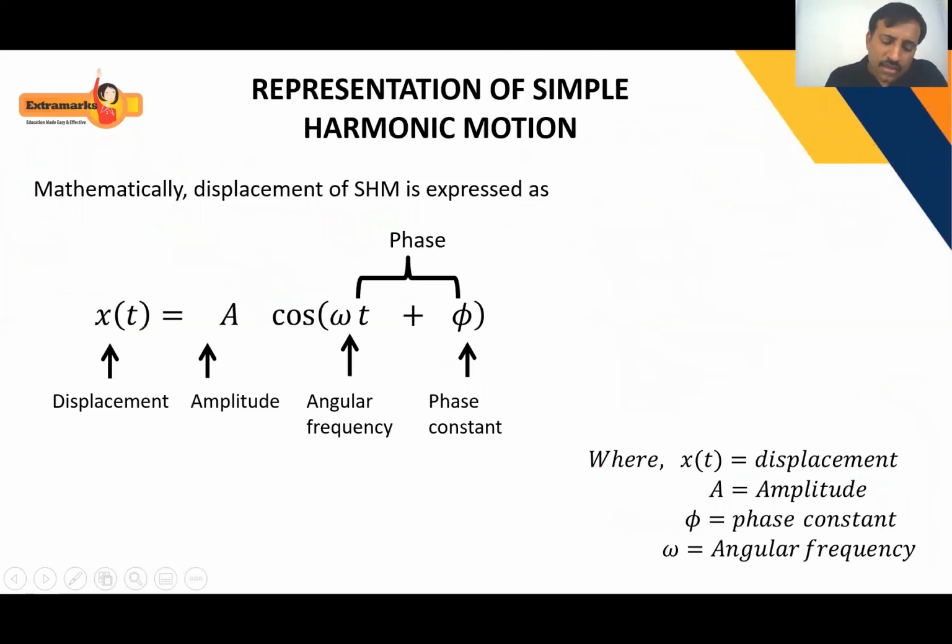Now, for that, mathematically, because when this block is oscillating, that is in SHM, what was the displacement of that block at every instant? It was changing, and every distance is measured from the mean position. Okay, fine. And whenever it is under oscillation, it must be periodic.